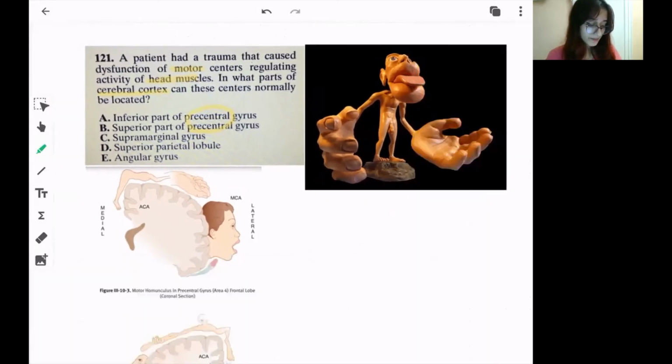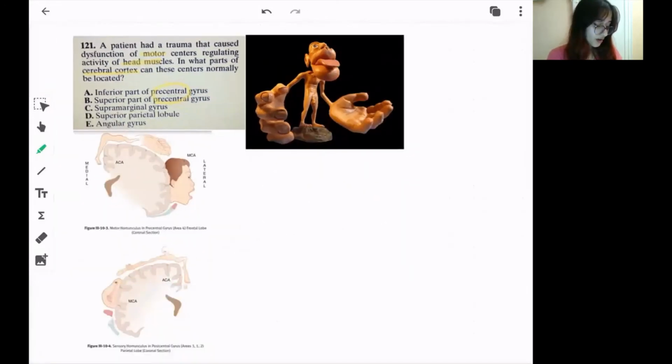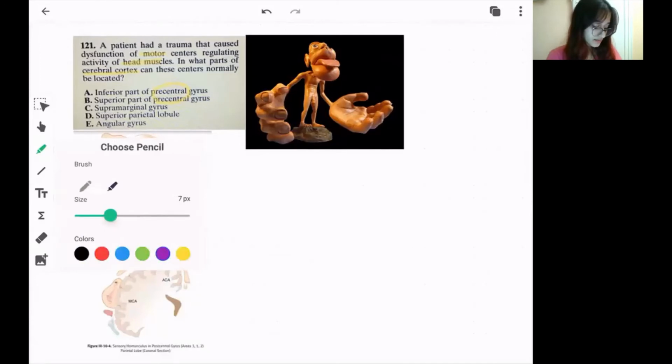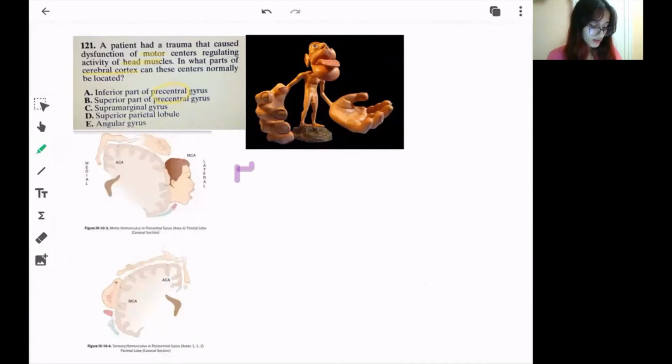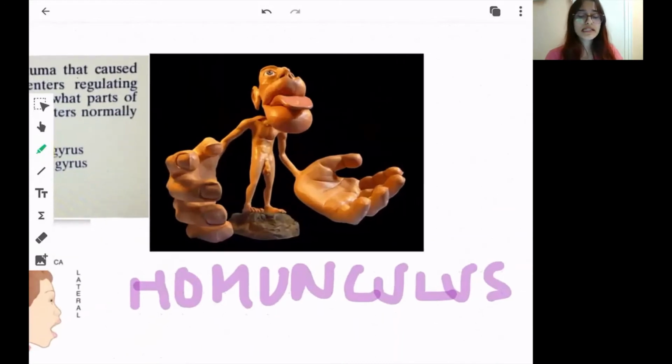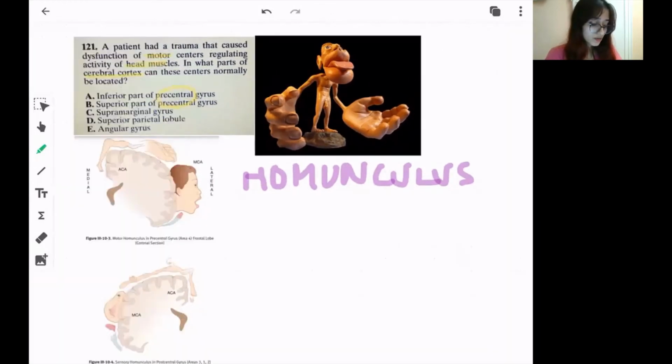So let's see. There is something called the homunculus. So the homunculus is a diagrammatic or schematic representation of the different parts of the body on the cerebral cortex.